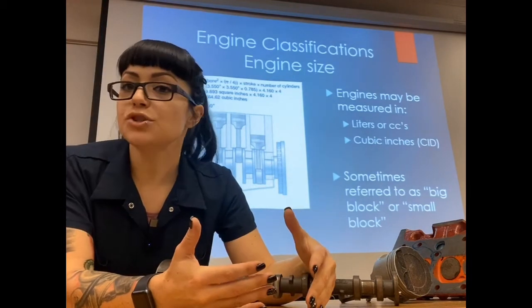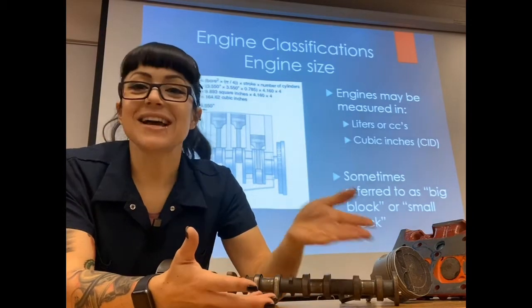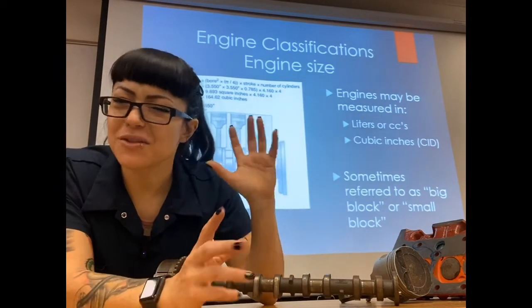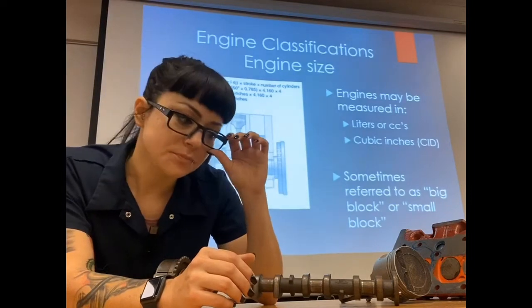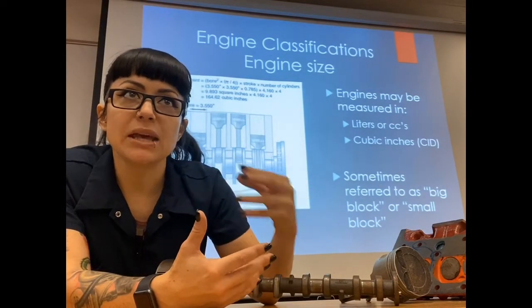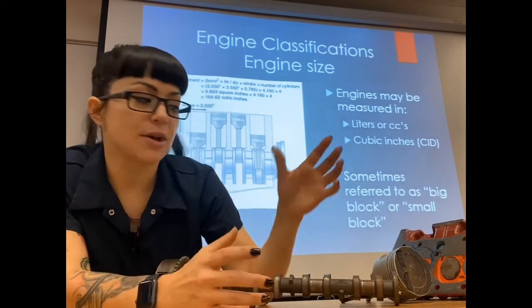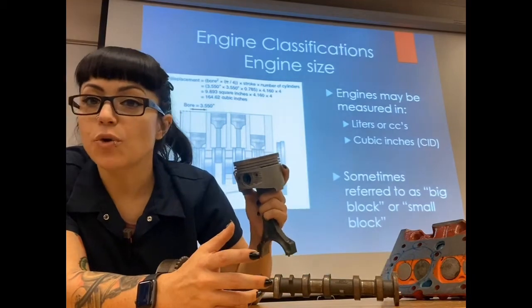Think about your engine as one big air pump. It's sucking in air and it's breathing it out. Now there's stuff going on in between, but how much air is it sucking in? If it is capable of sucking in more air, there is more displacement for whatever reason.